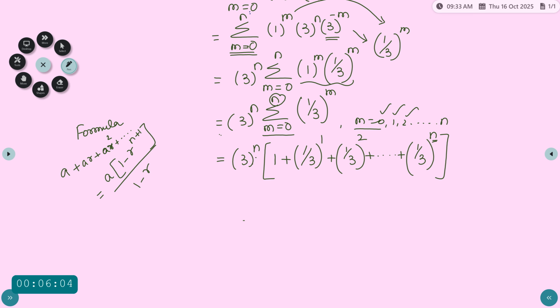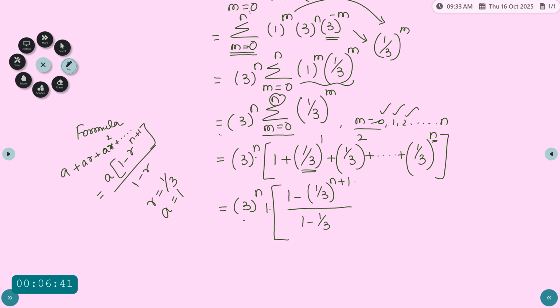We are going to substitute this formula here, with 3 power n outside. Here r equals 1 by 3 and a is 1. So now the formula becomes 1 into 1 minus (1 by 3) power n plus 1, divided by 1 minus r, and 1 minus r is 1 minus 1 by 3.